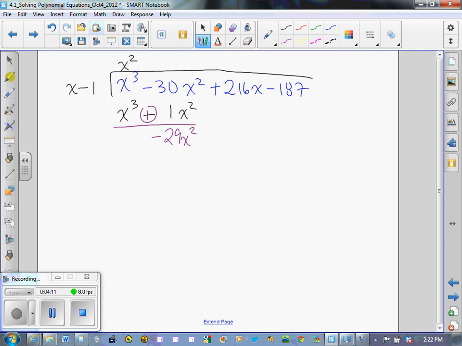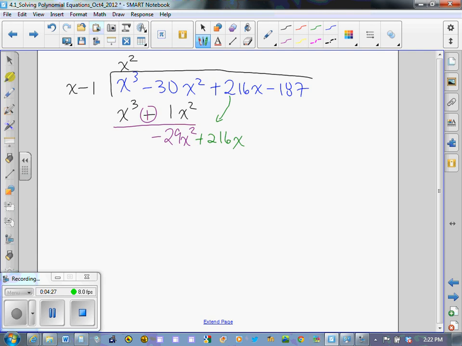So let's go ahead and bring down the positive 216, and then we'll look to further divide down what remains of the dividend.